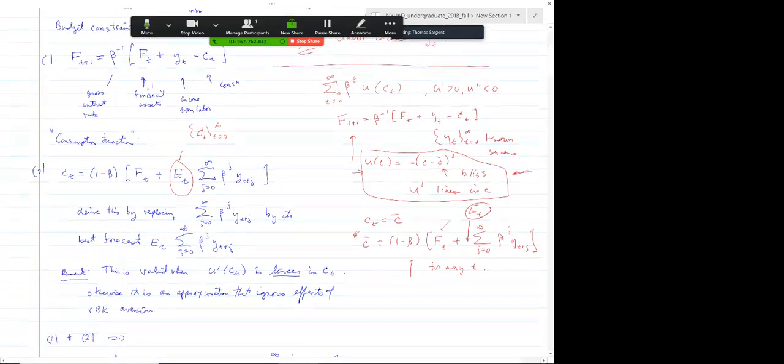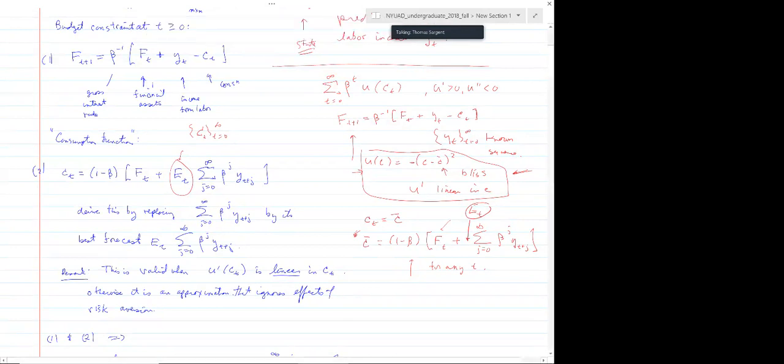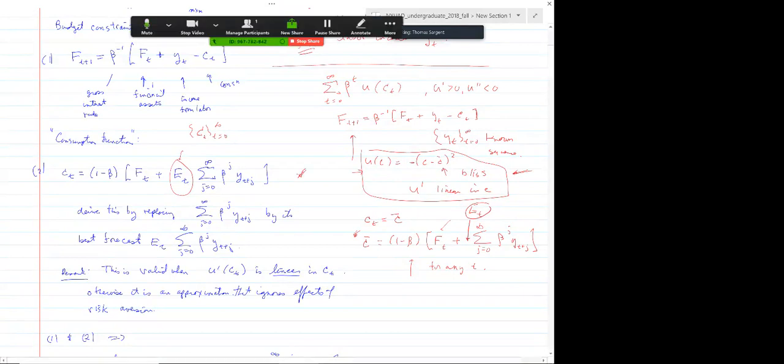So we derive this equation simply by replacing the present value of income by its best forecast. And this is valid when U prime of C is linear in C. Otherwise, it's an approximation that ignores some effects that we might talk about later if we have time. So this equation is the stochastic version of Milton Friedman's consumption function. It's a generalization of it.